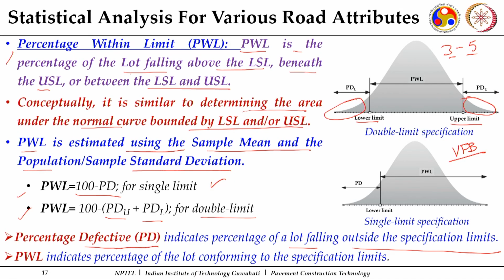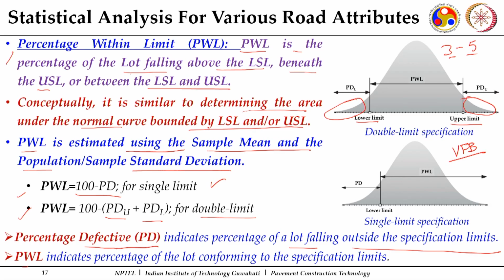Only 5% results are allowed to fall outside of it. So, we need to ensure for this particular one in our specifications that only 5% of results can be, and depending upon the requirement, if it is only one limit, we can mention that only 5% of the results can be lower than this particular value, or 5% results can be more than this particular value.